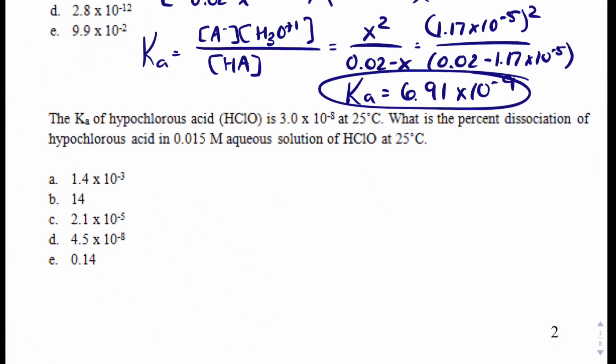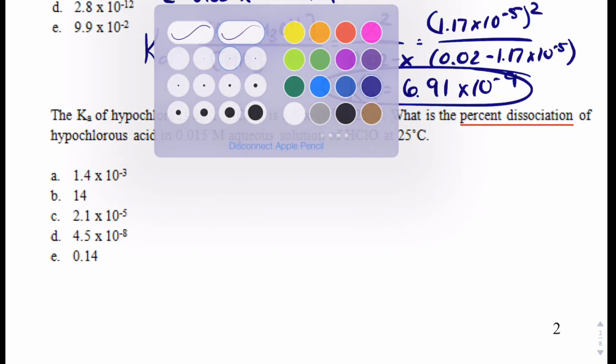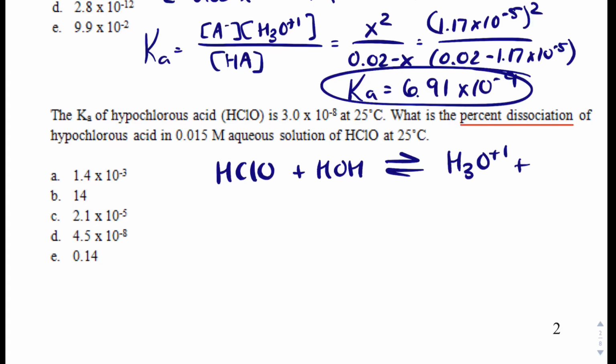Okay, percent dissociation. A lot of people always overthink that, but what you want to know is that we've got HClO plus HOH. We're just going to set up a generic RICE table and plug in what I know. A lot of these are going to look the same.